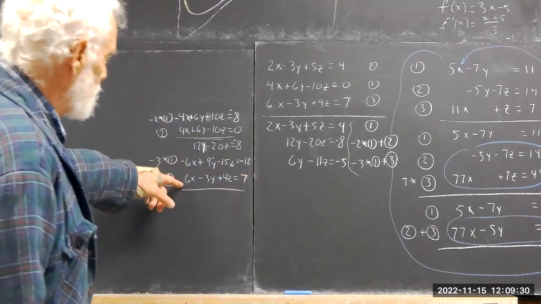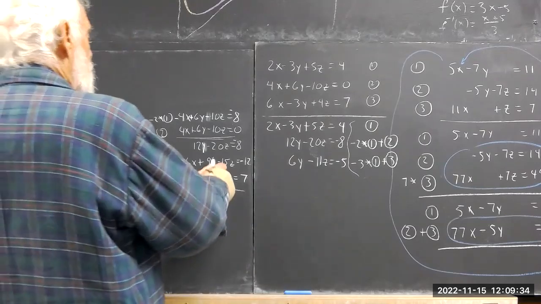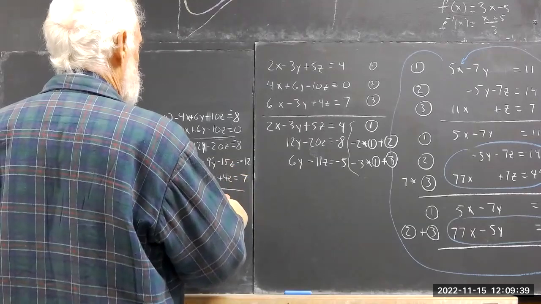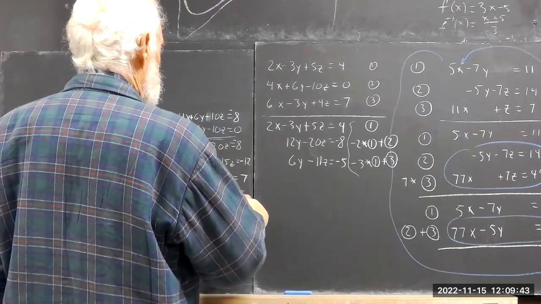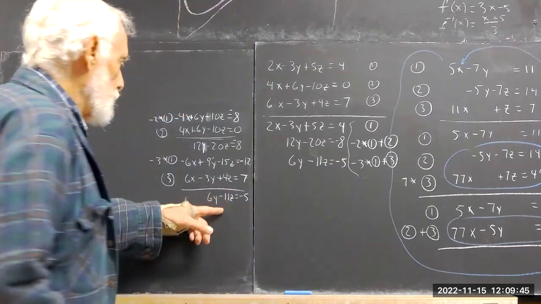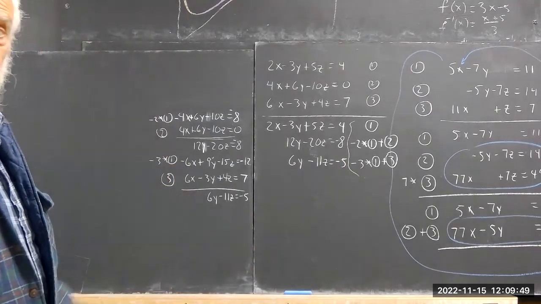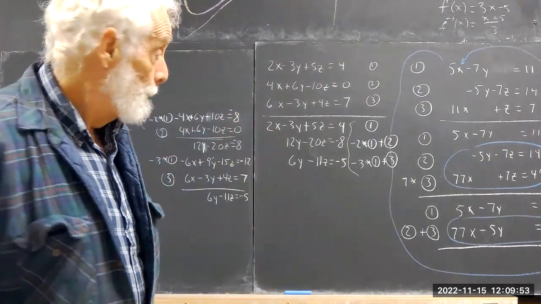Now, if I add -6x and 6x, x goes to what? I add 9y and -3y, I get 6y, -15z, 4z is -11z, -12 and 7 is -5. So I can check this with this. Notice now I'm writing these calculations off to the side so I don't clutter up these columns. Okay.